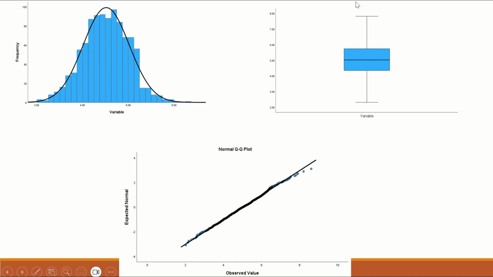For the box plot, as shown here, this is the lower limit and the upper limit for the data, and the box in the middle with a line in it can be the median or the mean, and the length of the whiskers should be equal. That indicates normality of the data. And the third plot, the QQ plot, shows blue circles here that should be aligned on the diagonal line, and that indicates normality of the data.